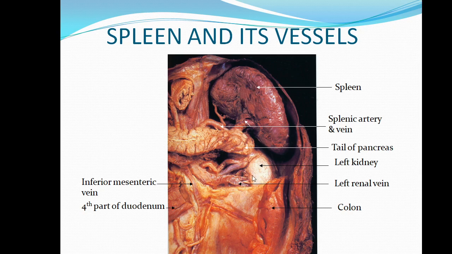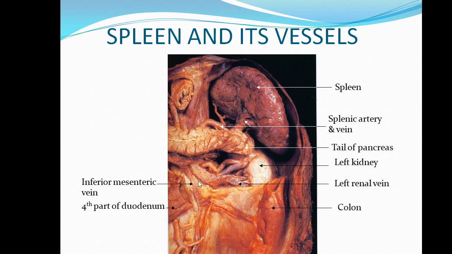Here you can see the left kidney, which is related here with the renal impression, and here between the two there is a fold of peritoneum, that is the lienorenal ligament, and you can see here the tail of the pancreas extends and lies to the hilum and lies in the lienorenal ligament.